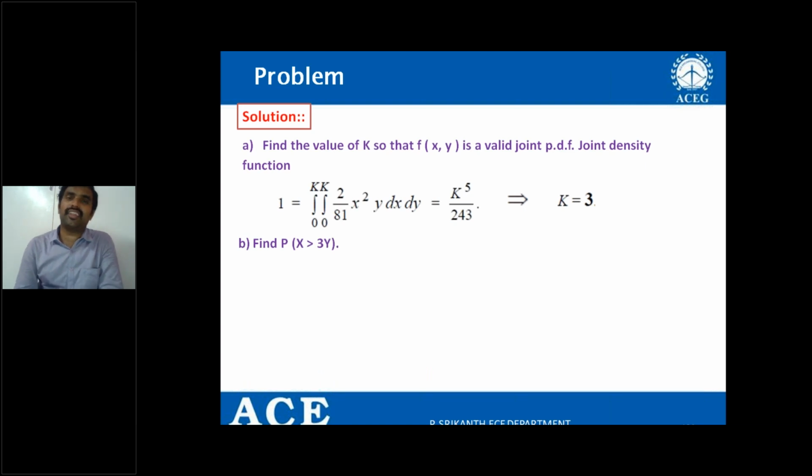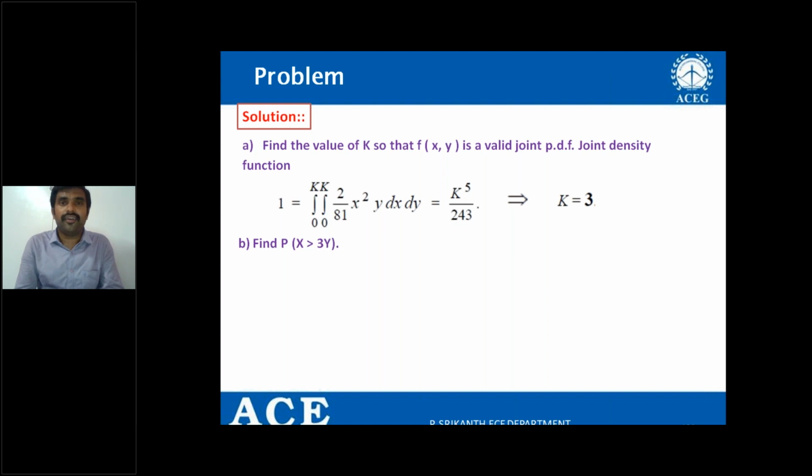What do you mean by x greater than 3y? In which region do you need to find the probability? The region in which x is greater than 3y. I am given the density function, and in the density function, I am expecting the probability in one particular area.